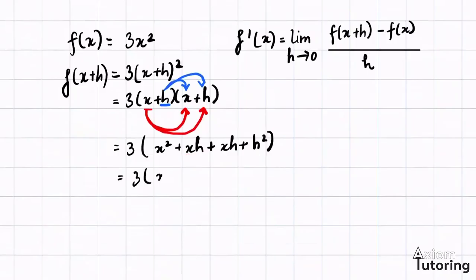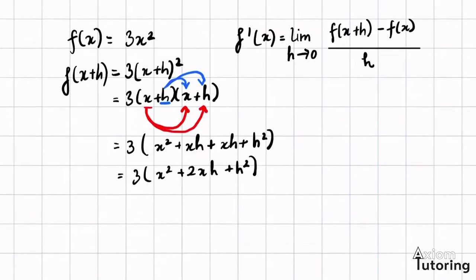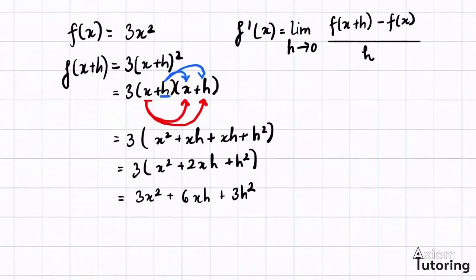So we can write it as 3 bracket x squared plus 2xh plus h squared. And we can also just multiply each term through by 3. So that will give us 3x squared plus 3 times 2xh, that's 6xh, plus 3 times h squared, that's 3h squared. So now let's take these functions and apply it to our definition here.